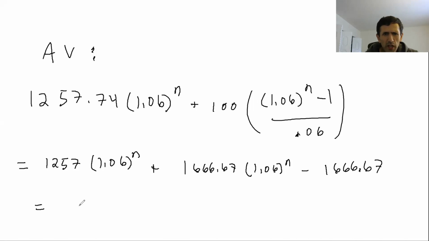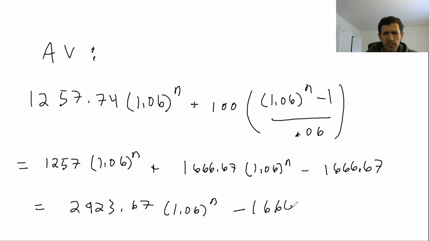It's going to be 2923.67 times 1.06 to the n, minus 1666.67.